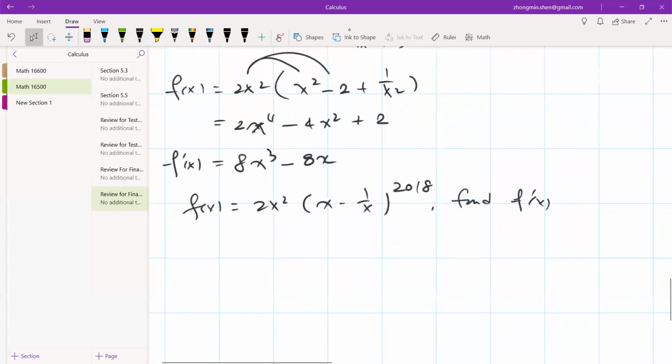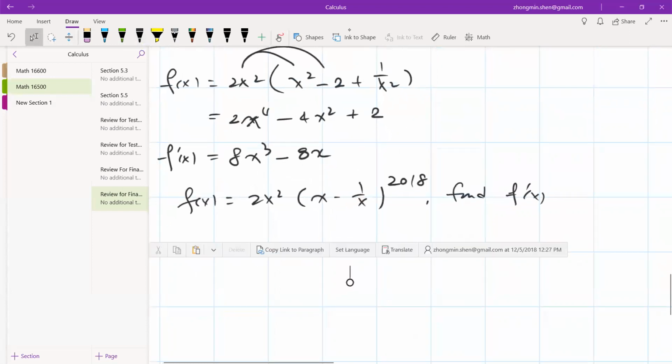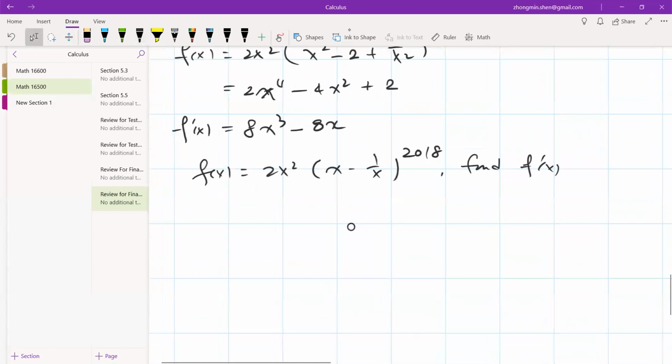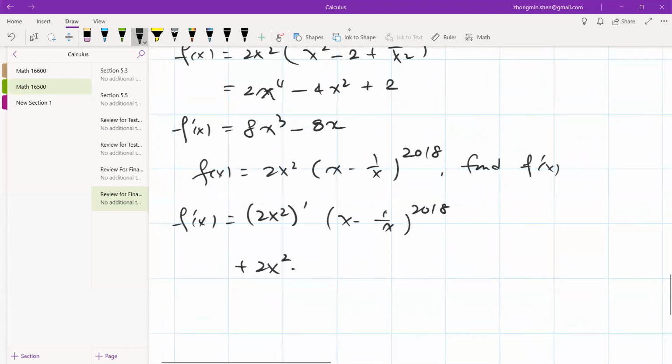All right, so let's look at it. No, you cannot do it, right? So you have to use the product rule. And then the derivative is going to be, first of all, the product, and then plus 2x squared. And then the derivative of this, you have to apply the chain rule. It's 2018 and the 2017.